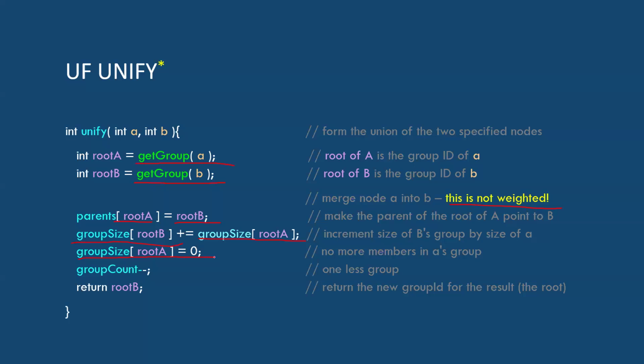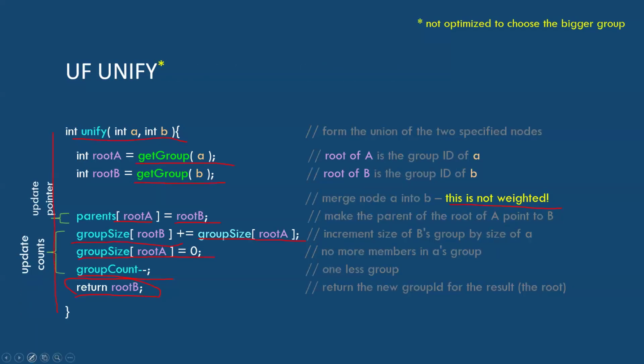So A is going to have group 0, for vertex A or group A. Decrement our group count and return the actual parent of all of that. So this is not totally optimized, but actually a pretty good way to go, okay? And we'll add some code to that here in just a second.